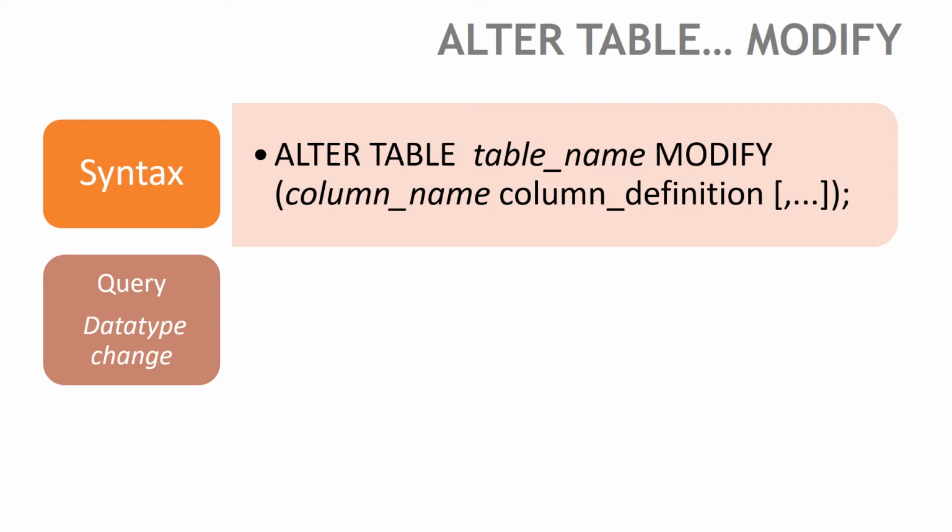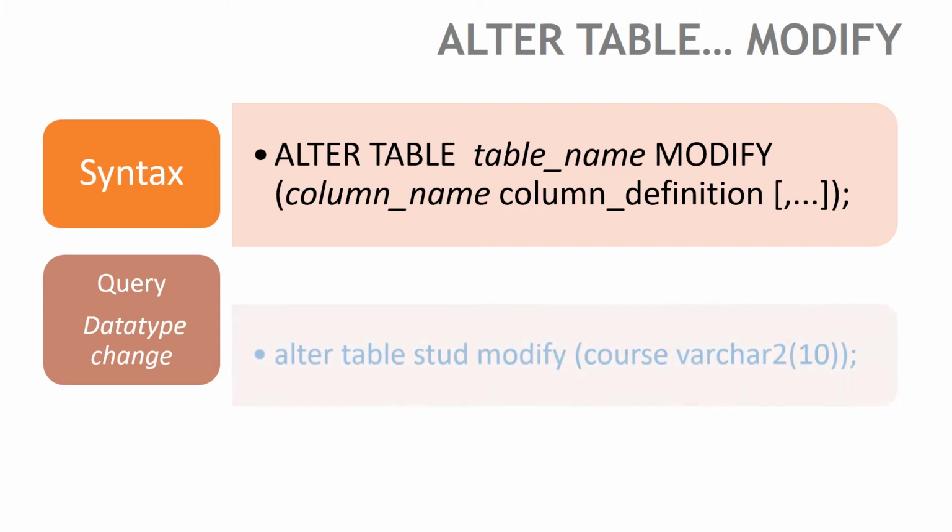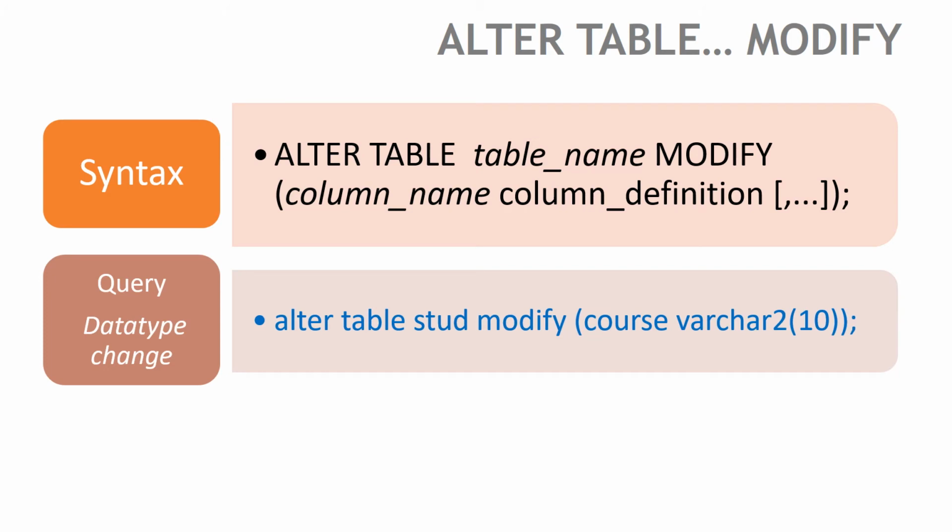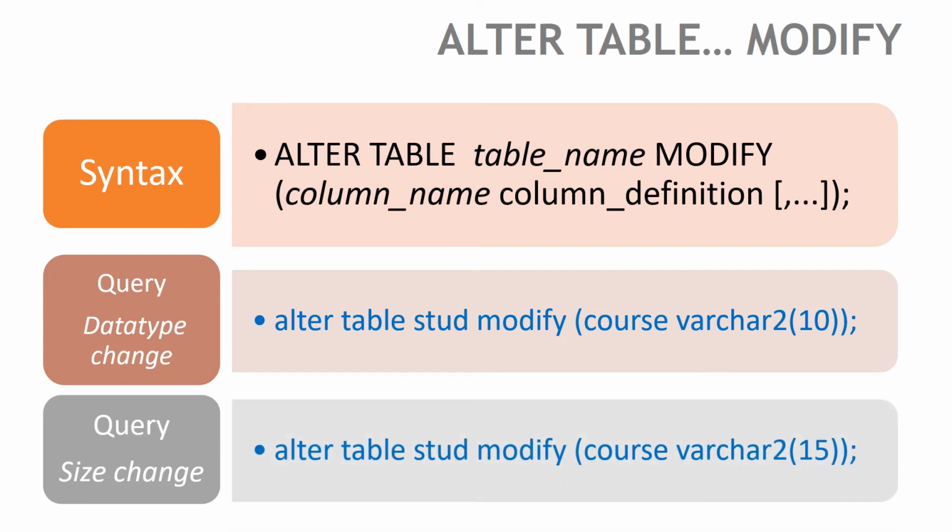And the size can be increased by giving again alter table STUD modify course varchar2 of 15. Both data type and size can be changed in a single query itself. When we decrease the size, we must be careful when there are records in the column.